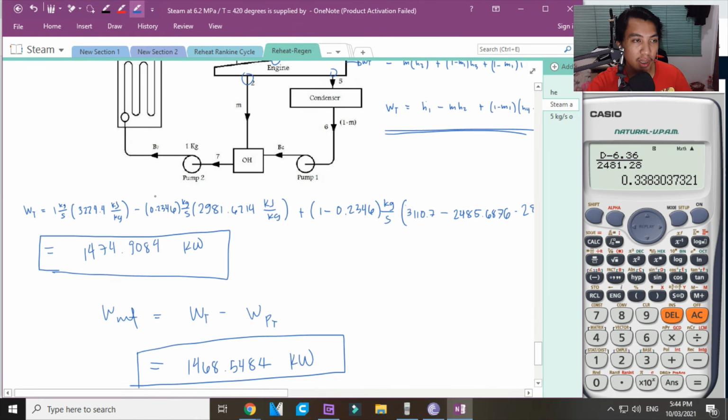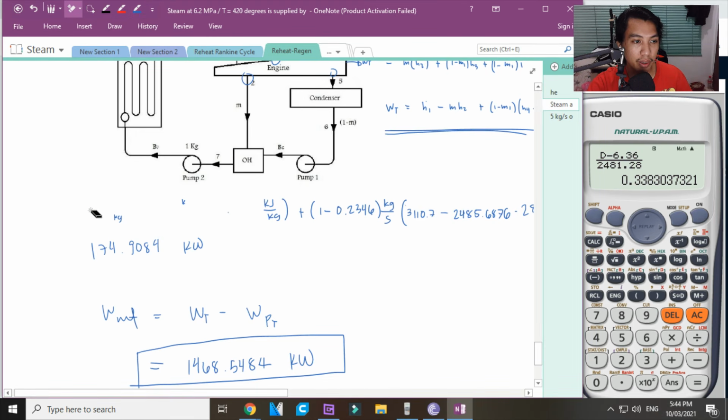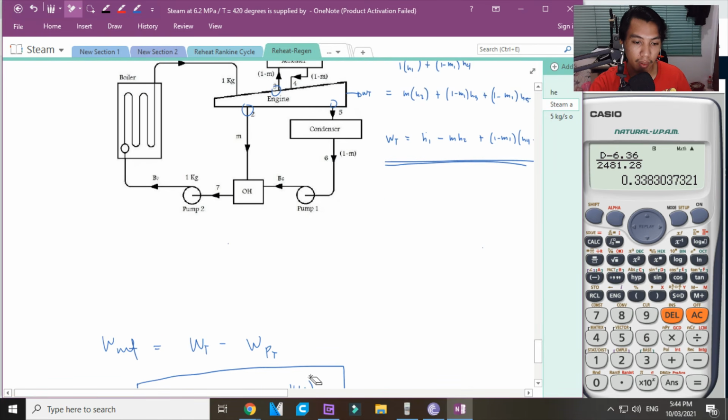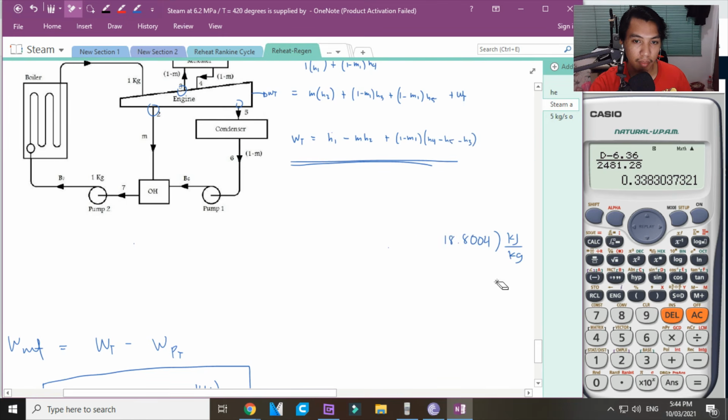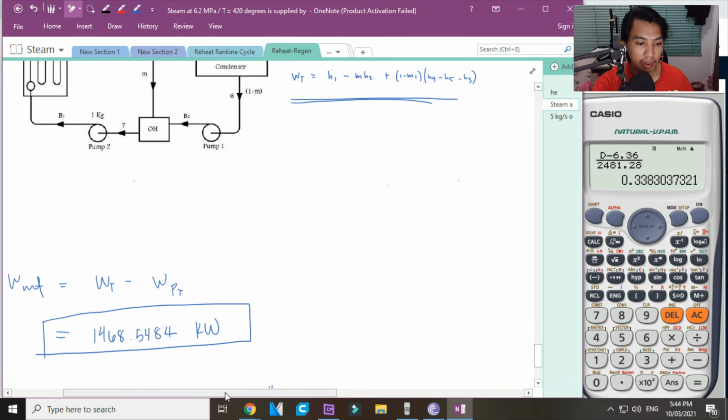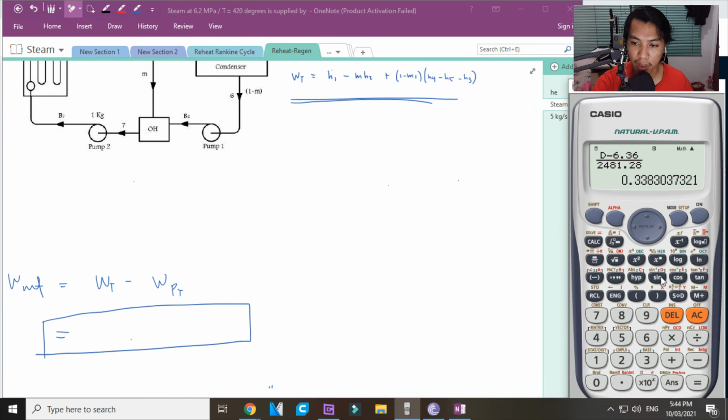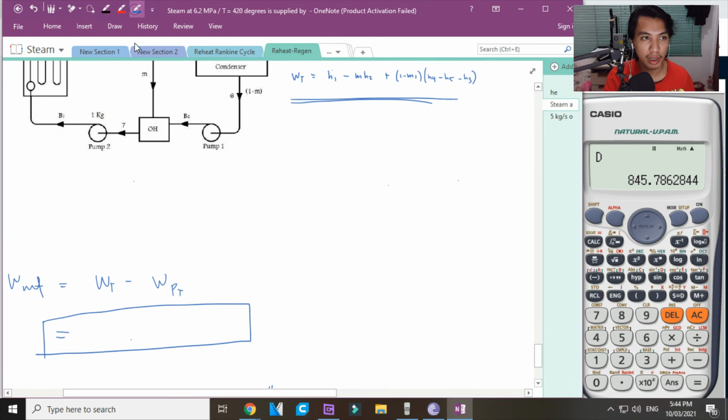I have a mistake here sa part na to. Naitama ko naman na. May mali lang akong pindot pero tama lang to. Tama yan. Okay? The work net is recall to the alpha D. 845.